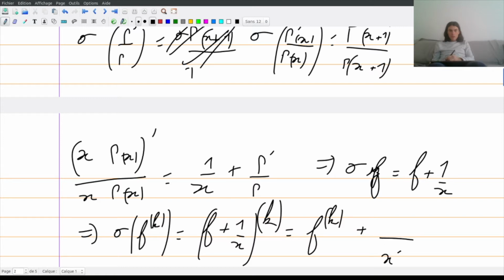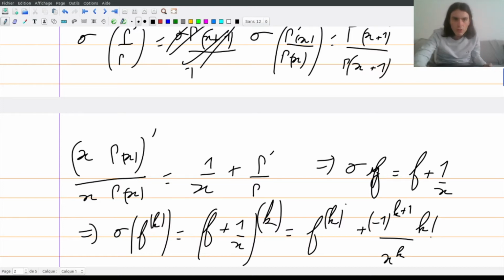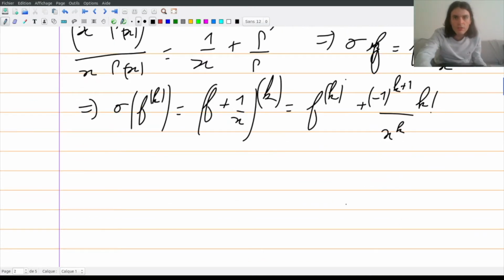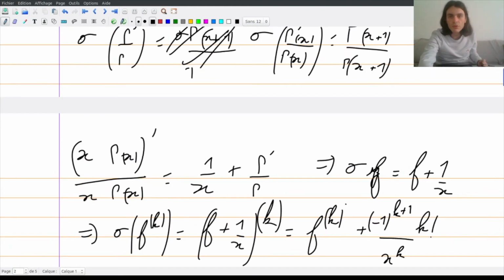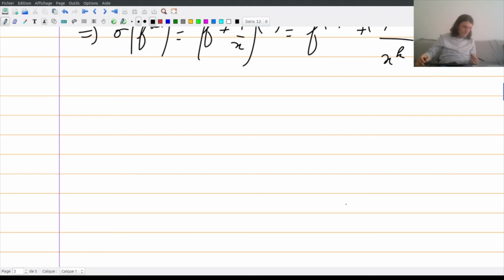So we find a term in x to the power k plus 1 with k factorial. So the k-th derivative of f satisfies an equation of the same form. Okay, so it's the reason why we make this change of variable.